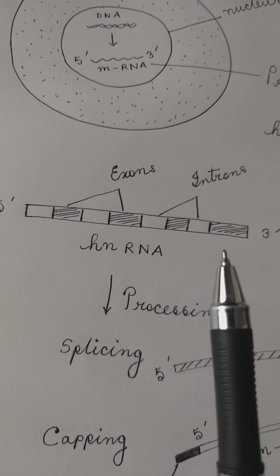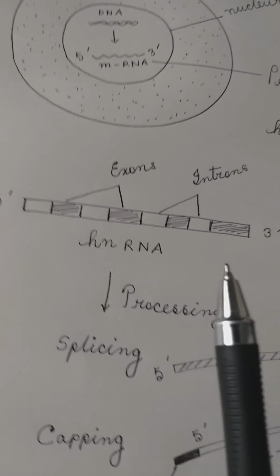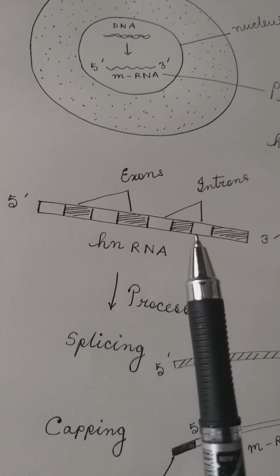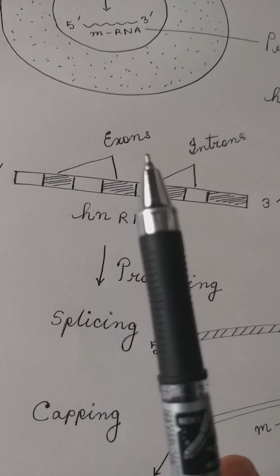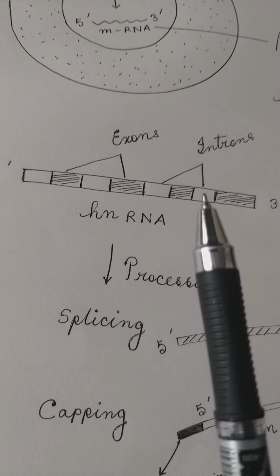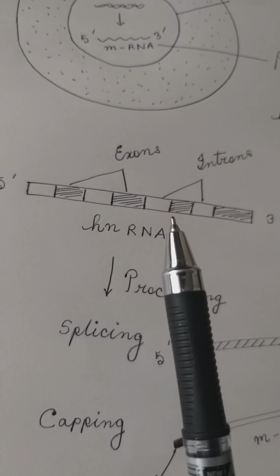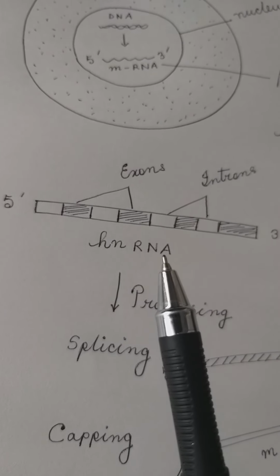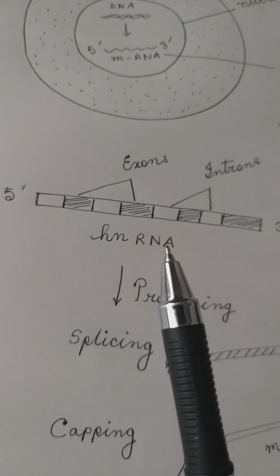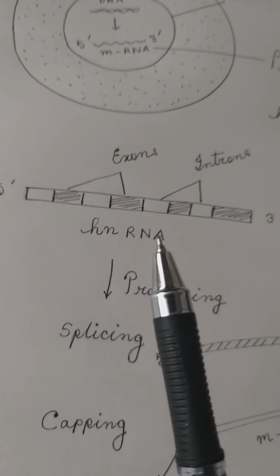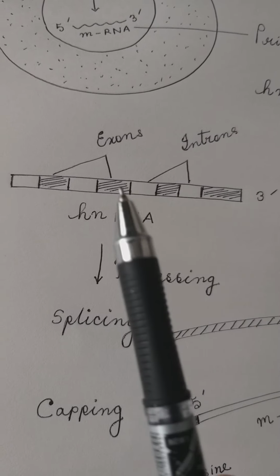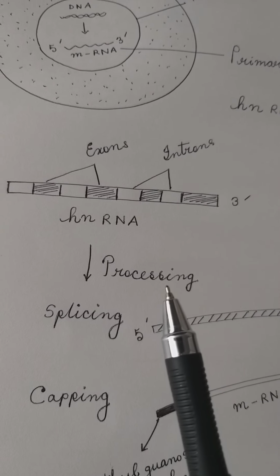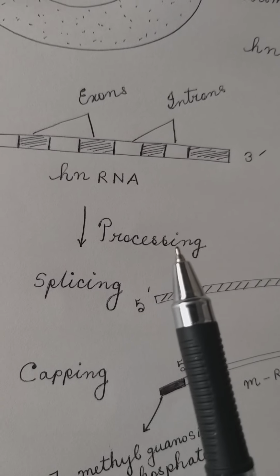It is not functional, it is not mature because it consists of exons and introns. Exons are coding sequences, introns are non-coding sequences. So the newly formed messenger RNA in the nucleus is not mature, it is not functional because it consists of exons and introns. Now it undergoes processing inside the nucleus.